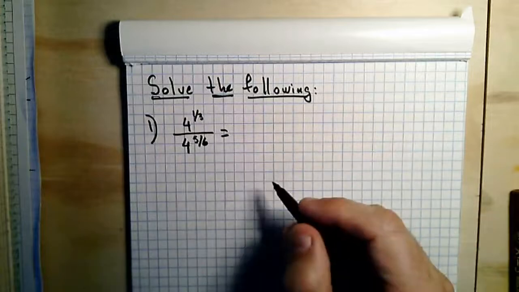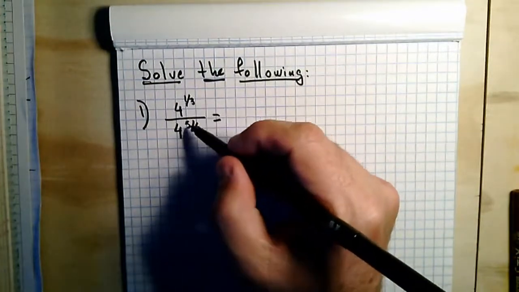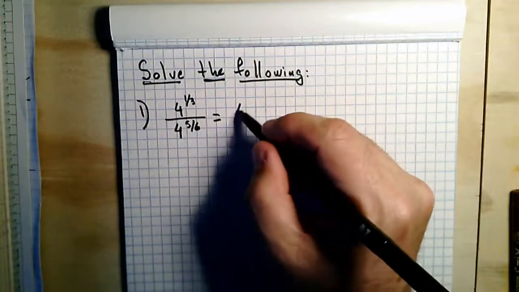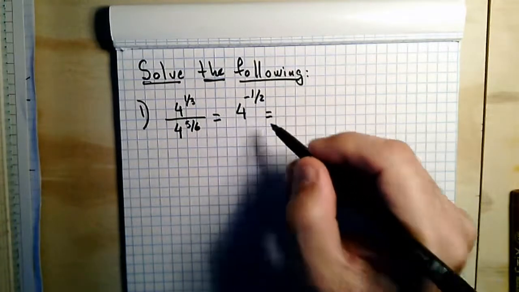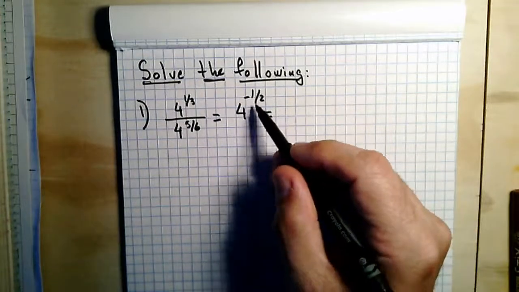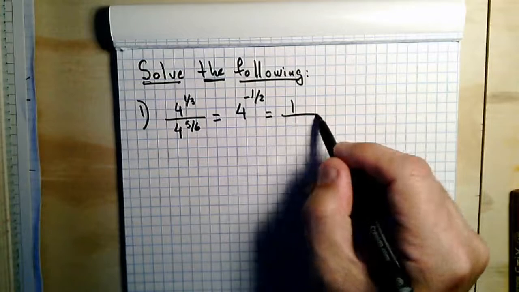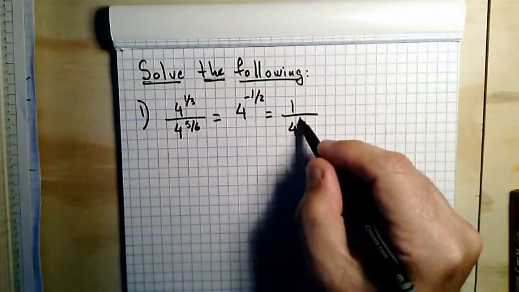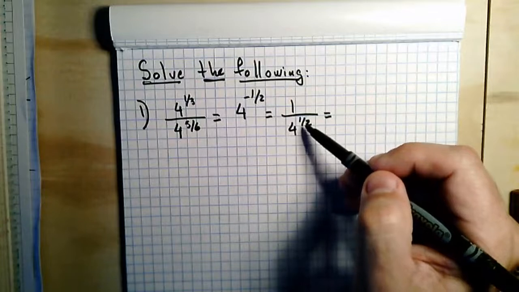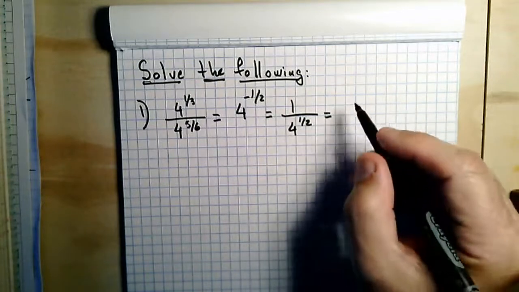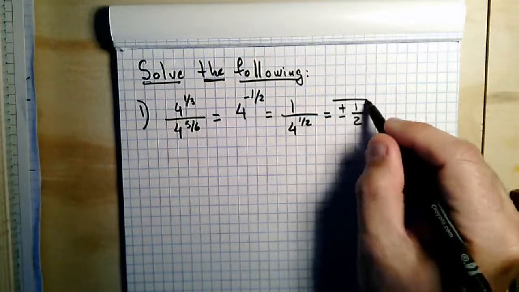In this situation, I have to do subtraction, 1/3 minus 5/6, which will be 4 to the negative 1/2. If I apply the property, this is a negative exponent, so I am going to write 1 divided by 4 to the 1/2. Remember, this is negative, but this one is going to be positive. And the final value for this one is going to be positive and negative 1/2.